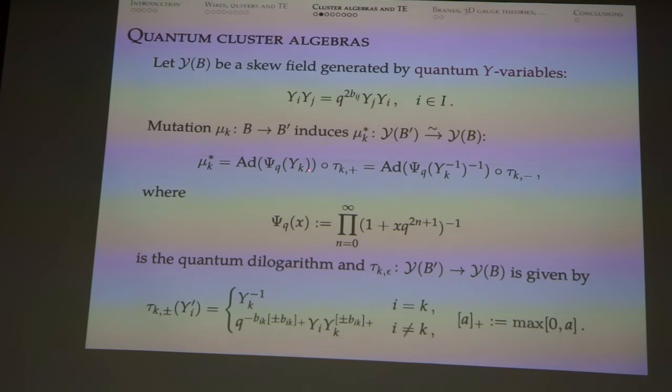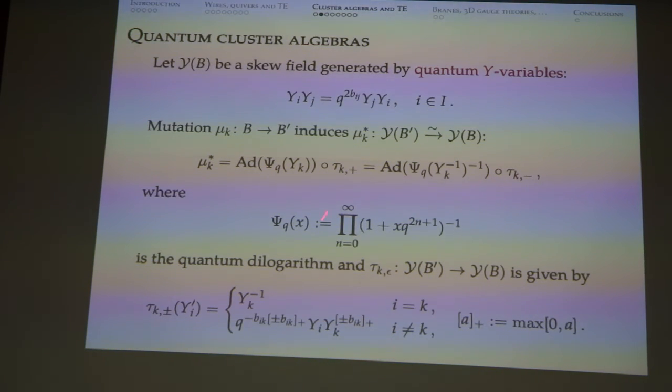So the first one is a decomposition. This mu_k star can be decomposed into the adjoint action by multiplication by psi_q, where psi_q is a quantum dilogarithm, and then there's some additional piece tau_k, that acts like this.